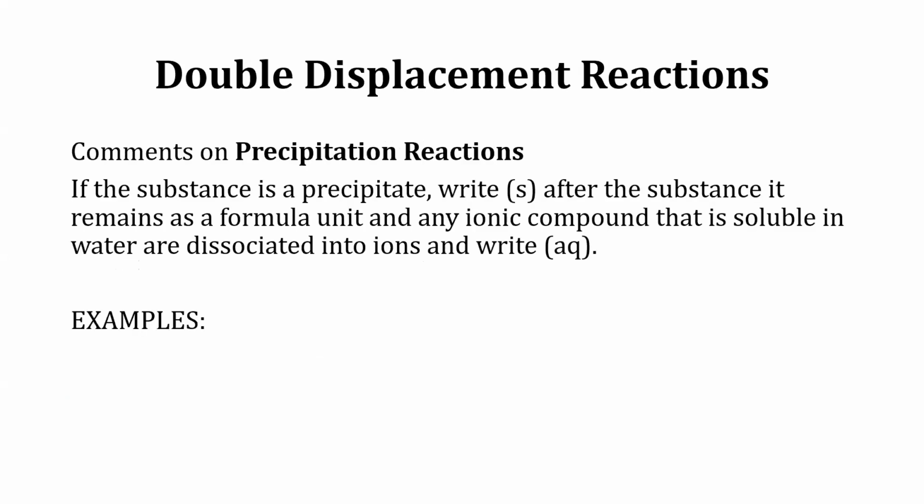Comments on precipitation reactions. If the substance is a precipitate, write (s) after the substance, and it remains as a formula unit. Any ionic compound that is soluble in water is dissociated into ions, and write (aq) after the substance.